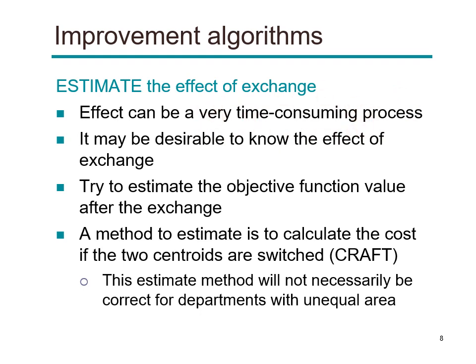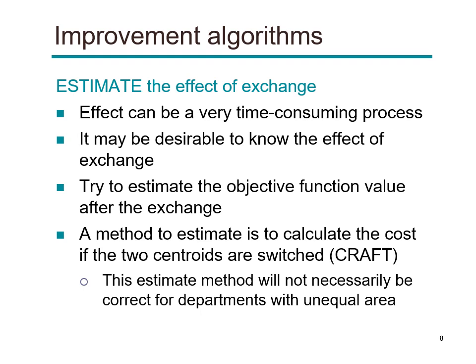But still, we want to know the effect of the exchange. Is it desirable to make this exchange or not? And since the original calculation of the objective function exactly takes a lot of time, what we can do is use an easy method to estimate the objective function.